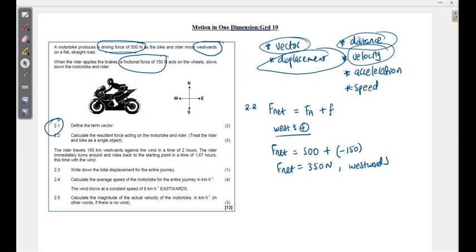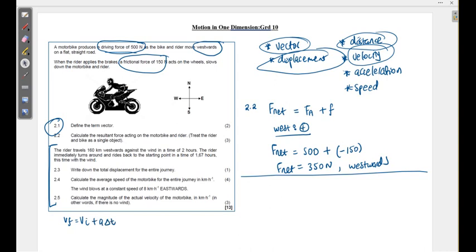But our main issue was here calculating, using the equations of motion. Now these equations of motion, remember there are 4 of them, so I'm going to try and just write them here, of which we're going to try and then use them, right? So we have Vf is equal to Vi plus a change in time.